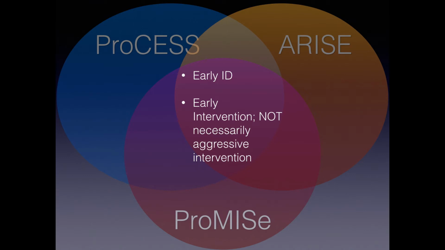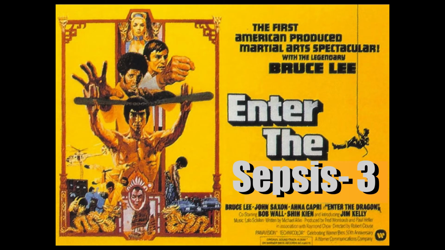All of these studies, if you read the fine print, identified sepsis early. They all intervened on sepsis early. They all tried to manage sepsis early, not aggressively later after they were already behind the 8 ball. I think these points were glossed over by the other stuff, but they are key take-home points for all 3 of these trials.